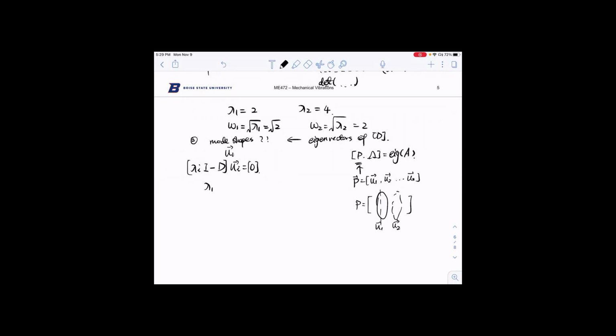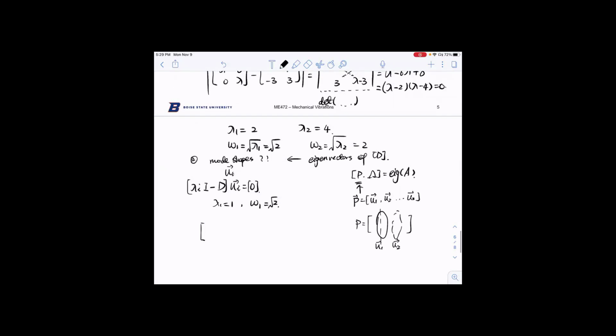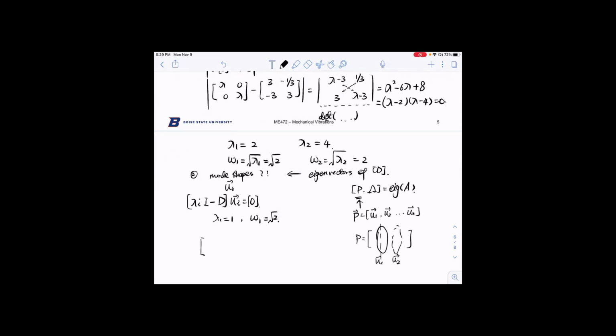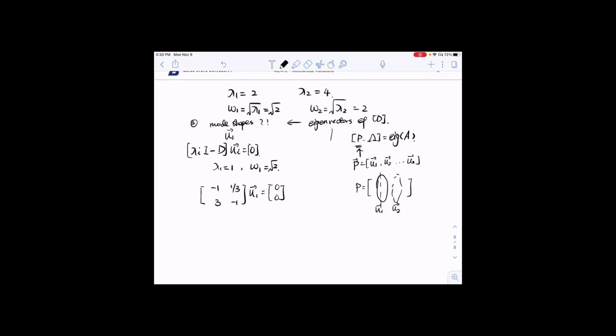So your lambda 1 is 2. Sorry, your lambda 1 is 2. In this case, we have natural frequency omega 1 equal to square root of 2. And then you have to solve the equation. If it's 2, then it's [-1, 1/3; -3, 1] times U1 equals [0; 0]. So what is your U1?